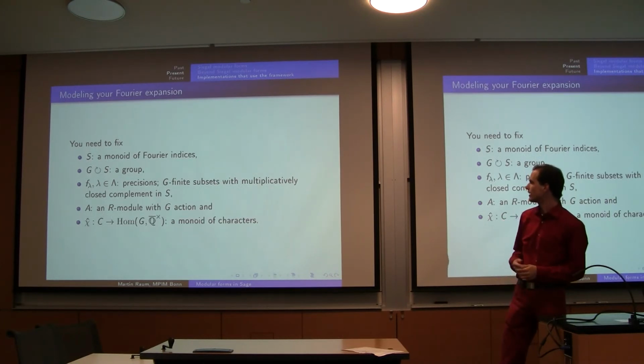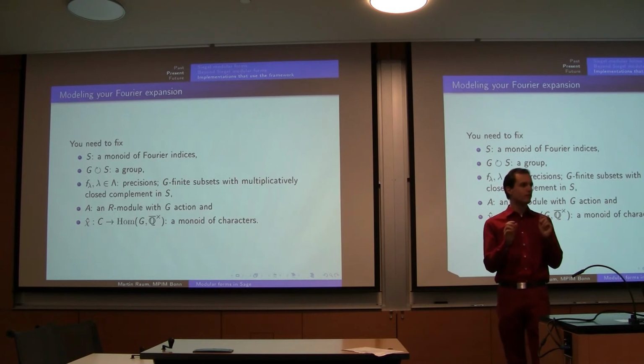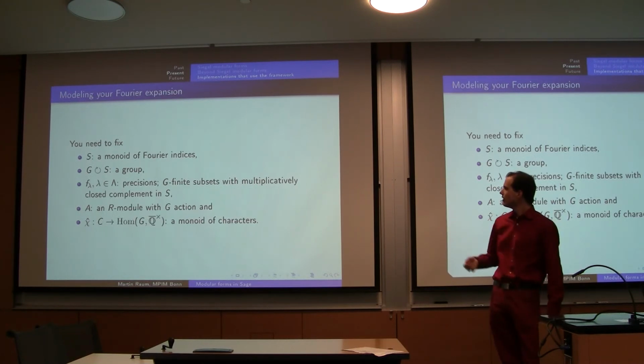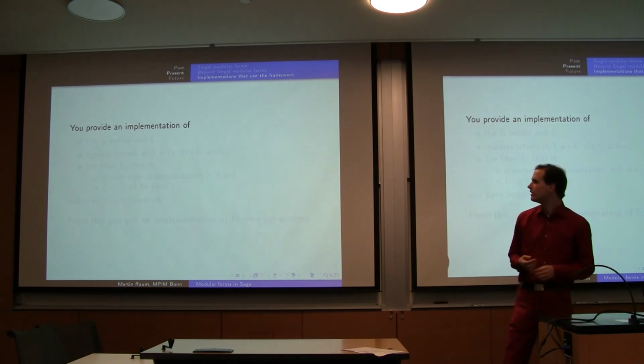That's one typical example, and normally we will also have characters, and because we will multiply different characters, we just model that by a homomorphism from a monoid, whatever structure it carries, to the homomorphisms to say Q bar, because we normally will only treat rational modular forms.